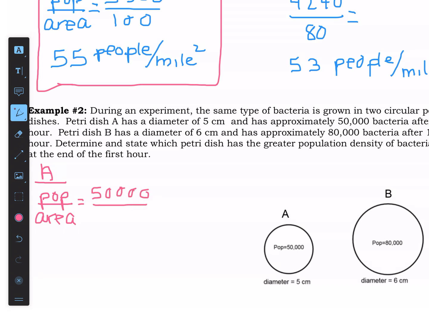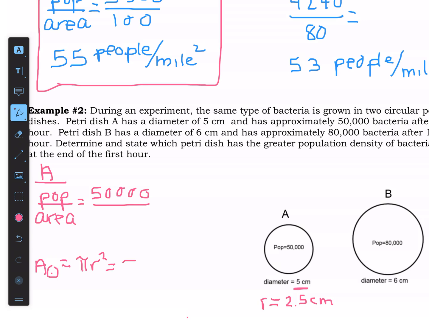Now, they haven't given us the area, but what we can see is that it's a circle, and they've given us that the diameter is 5 centimeters. So if the diameter is 5 centimeters, that means the radius is 2.5 centimeters. Okay, so we're going to use our area of a circle formula, which is pi r squared.